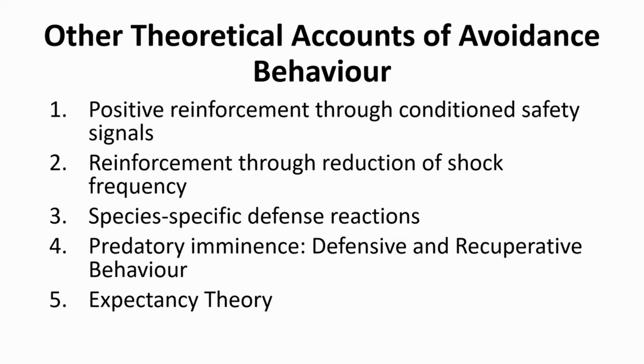How can we reduce that expectation? And how does a reduction in that expectation change the behavior? So this is a very different type of theory, and we don't spend more time than just this quick little blurb on it, but it's a good idea to be aware of the existence of this theory.